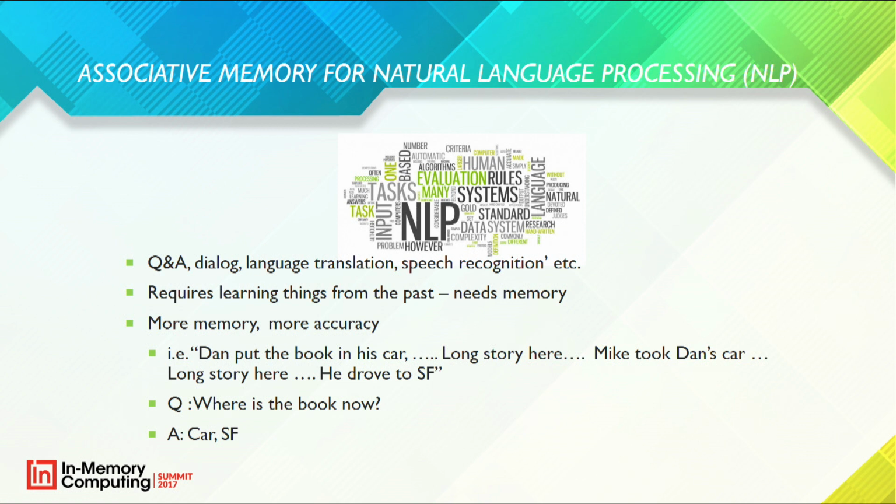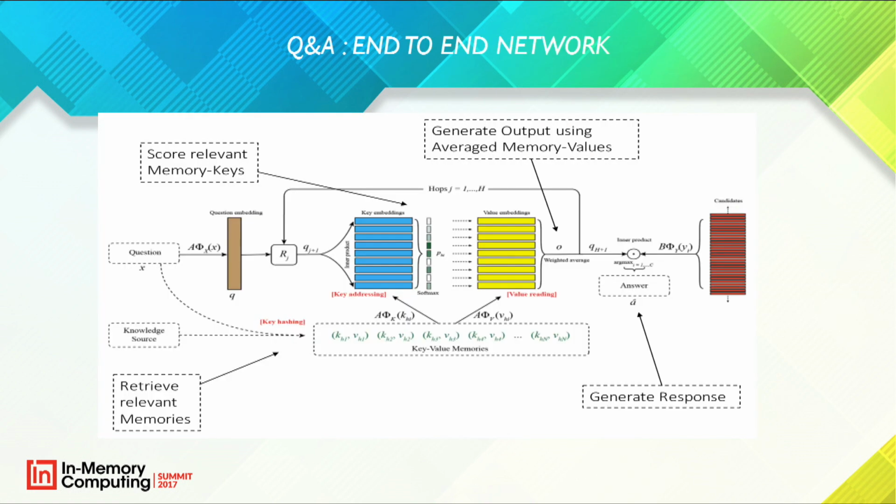In order to do that, there are several architectures. I'm not going deeply into it here, but this one was developed by Weston at Facebook. There are many other architectures. What we see here is the blue part, where they use machine learning, take every sentence and do a sentence embedding.